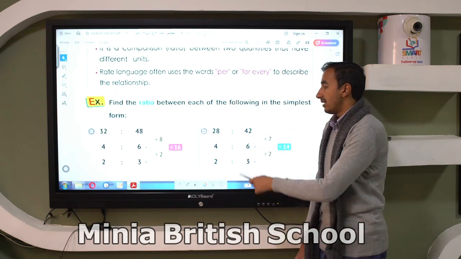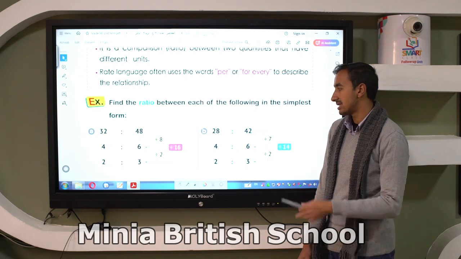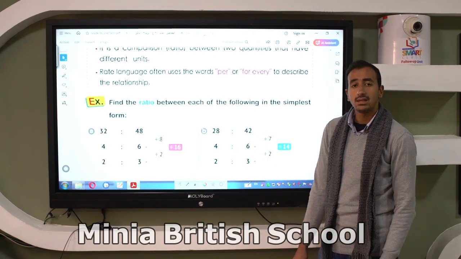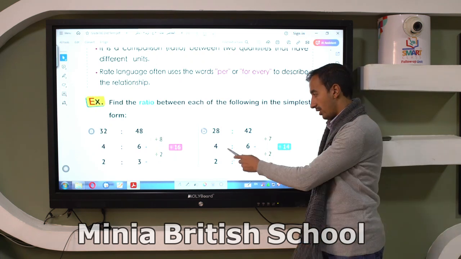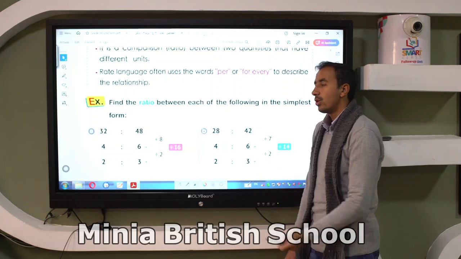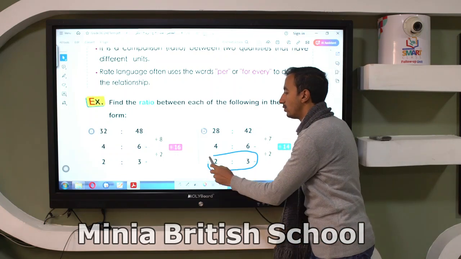Here is another example, 28 to 42. You can divide these two numbers by 7. 28 divided by 7 is 4, 42 divided by 7 is 6. 4 to 6 can also be divided by 2, so the answer is 2 to 3.